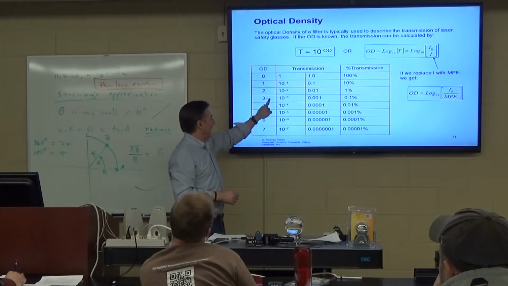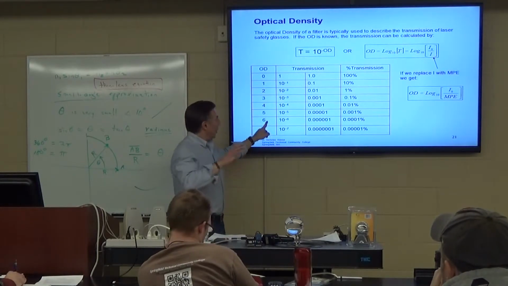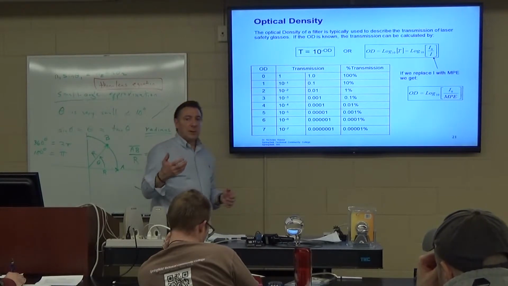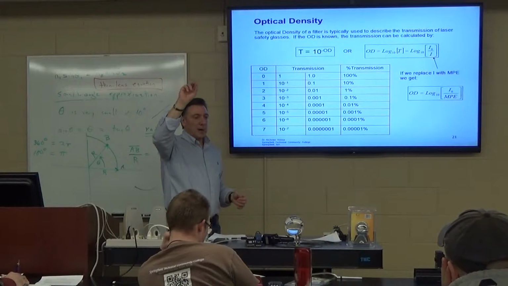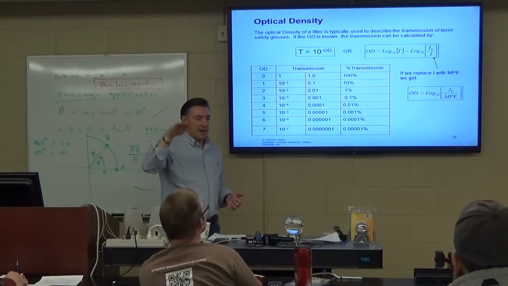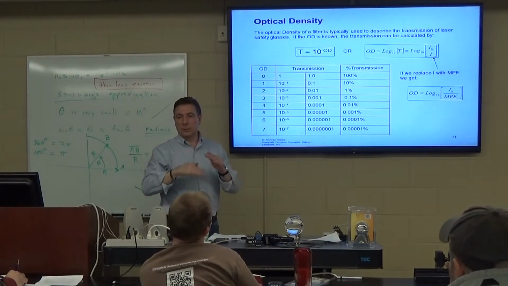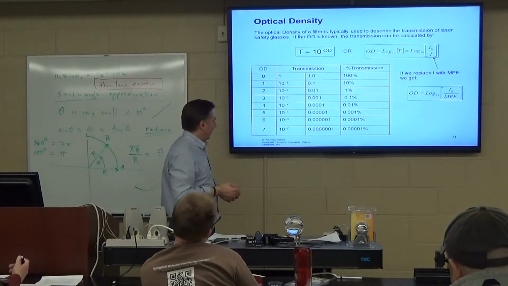That's 1,000 times, 1,000,000 times. So if you look at the OD number for glasses, all it tells you is to take that number, raise 10 to that power, and that is the factor by which those goggles will reduce the intensity of the light coming through.